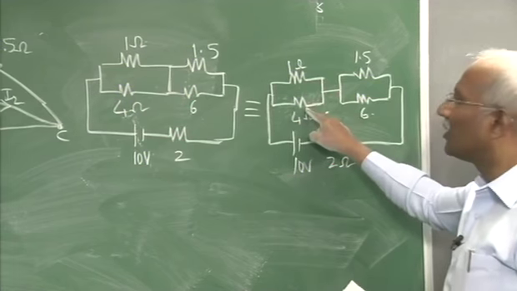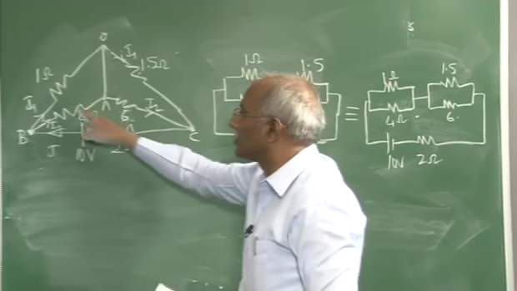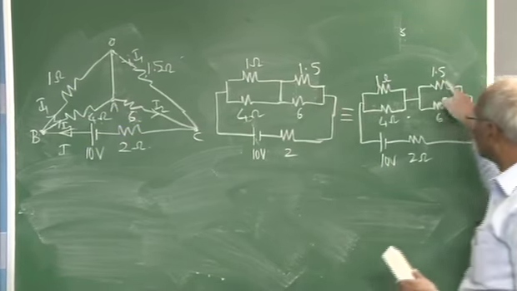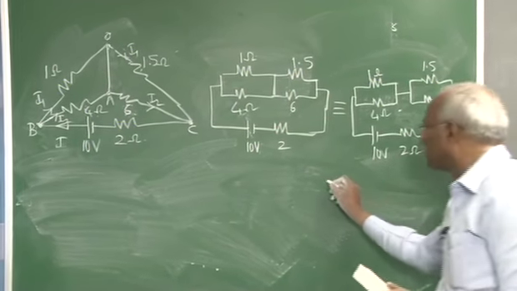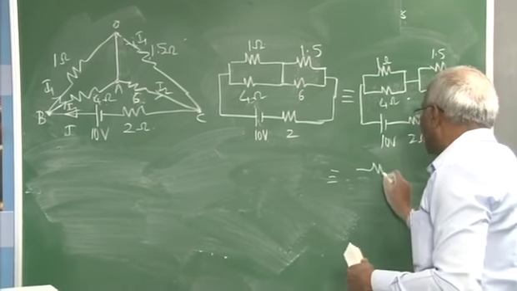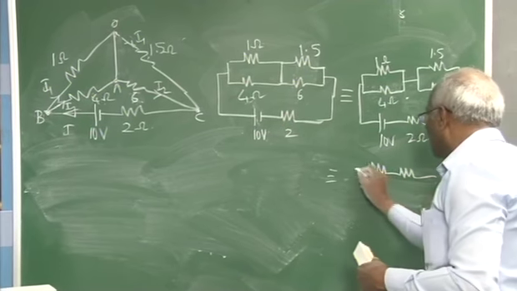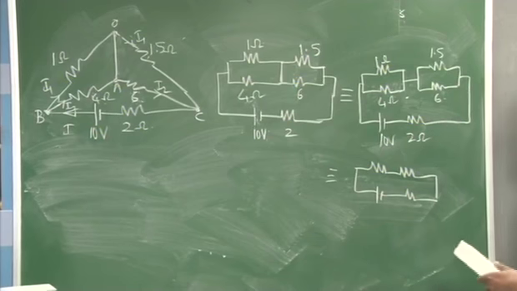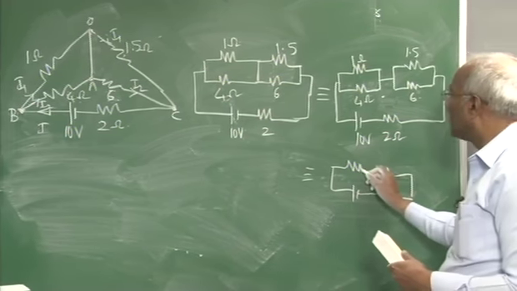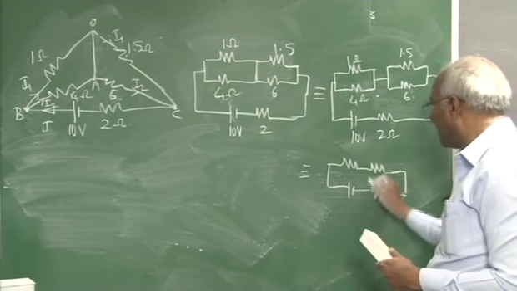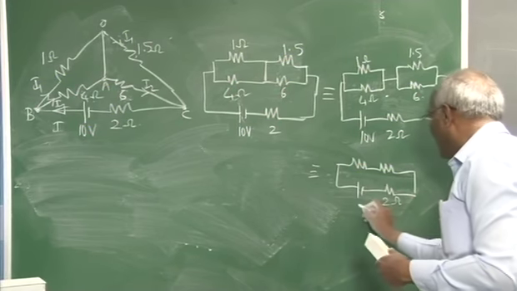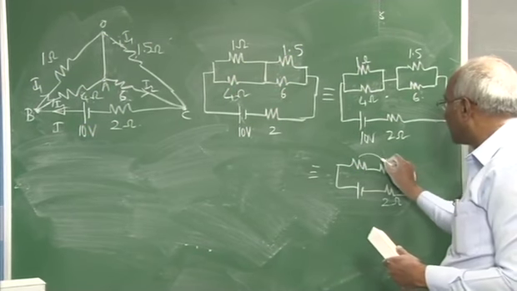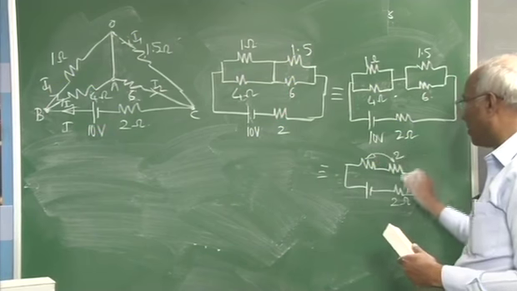As you can observe, these two are in parallel, that is what I said here, and it is in series with the parallel combination of this. So, that means this will be the same as this. Find out the series combination, the parallel combination of these two, and this being 2, the sum of these will work out to again 2 ohms.